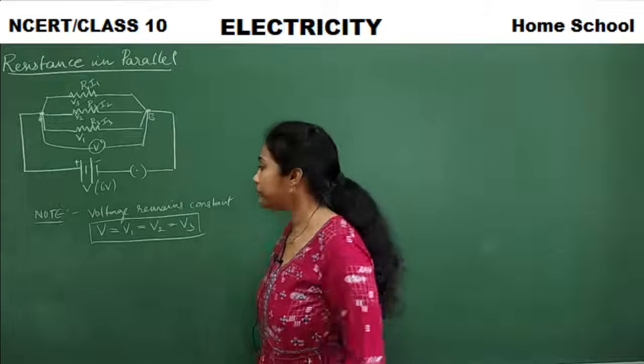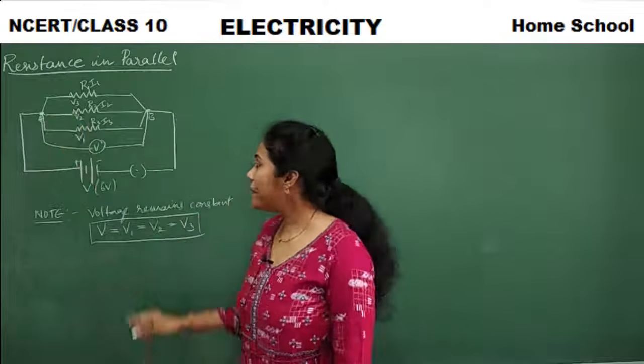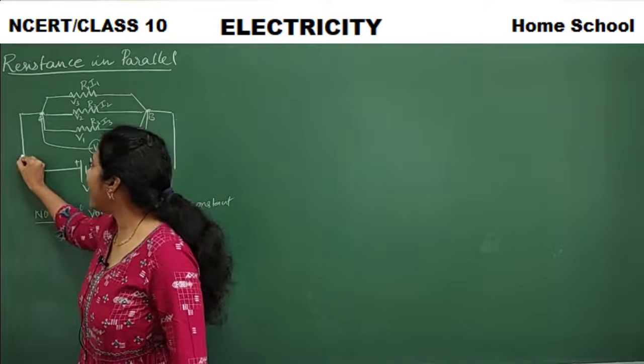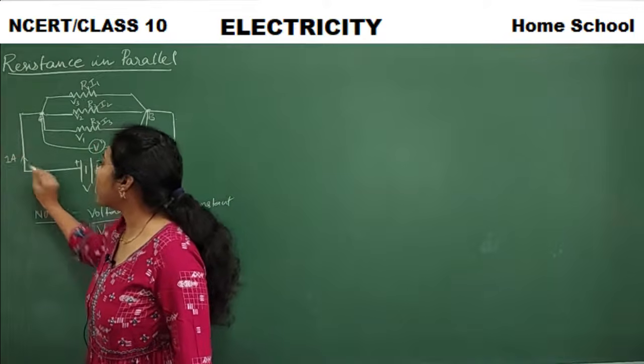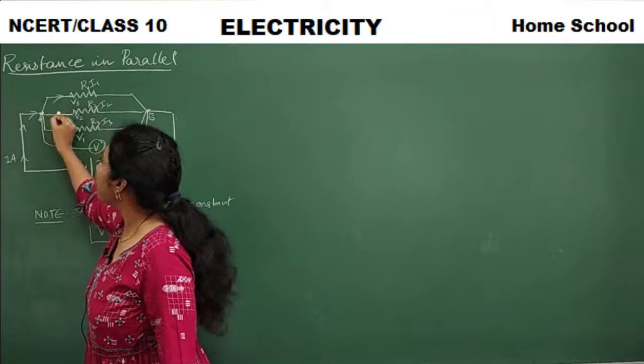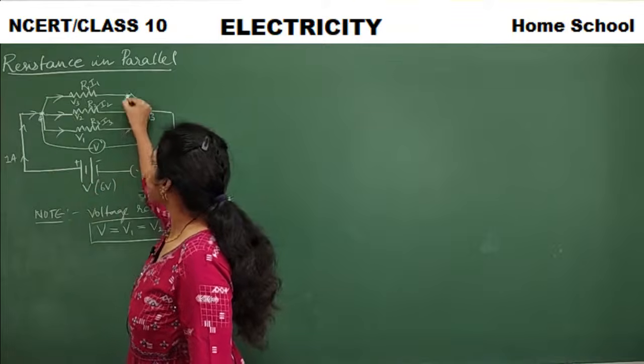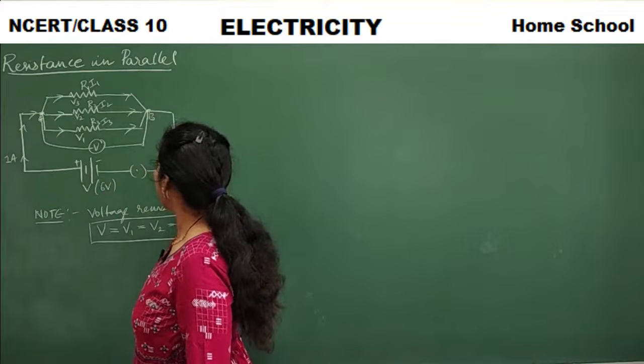Now coming to the current. What happens to the current? Imagine we have 1 ampere of current flowing in this circuit. Current will flow to this resistor, the second one as well as the third one. So this is our direction of current.